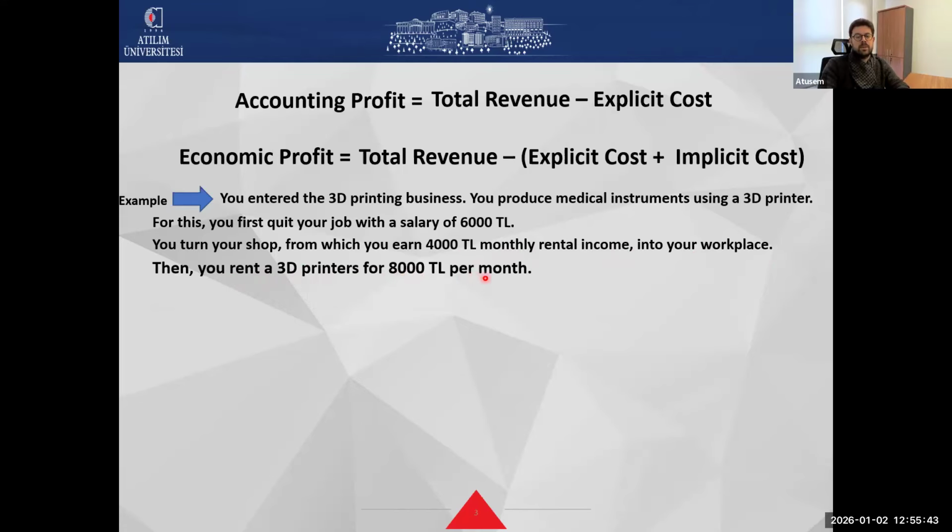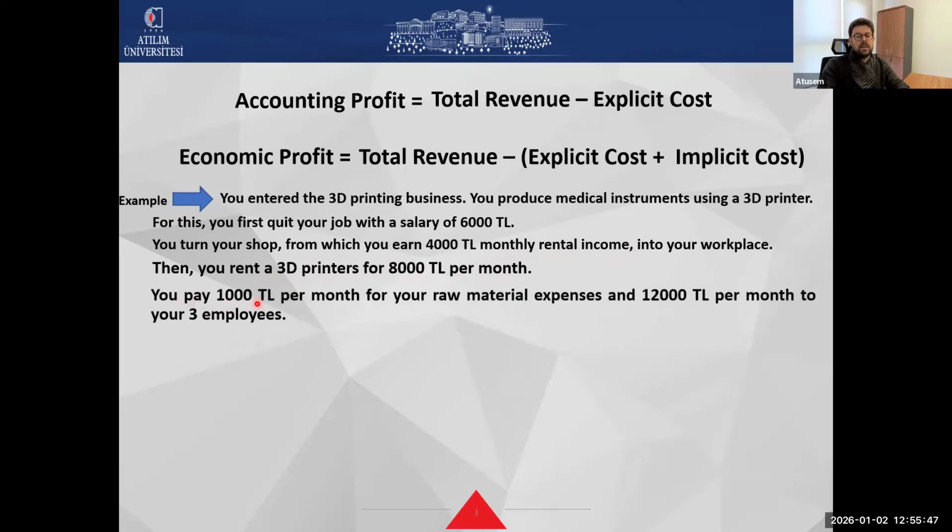That's related to economic activity. So this is explicit cost. You pay 1,000 Turkish lira per month for your raw material expenses. That is also an economic activity event. So explicit cost, 1,000 Turkish lira. 12,000 Turkish lira per month to your 3 employees. Again, explicit cost.